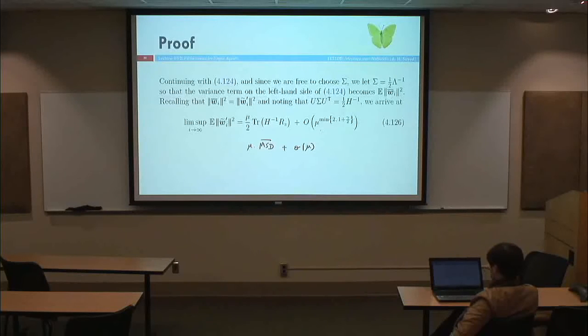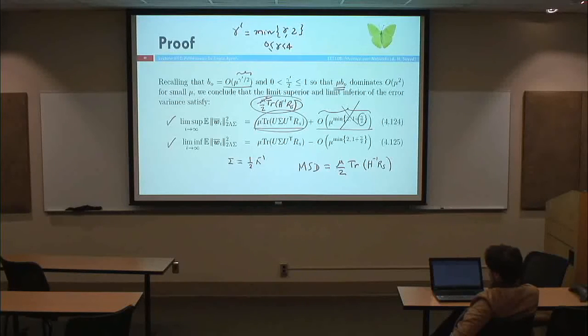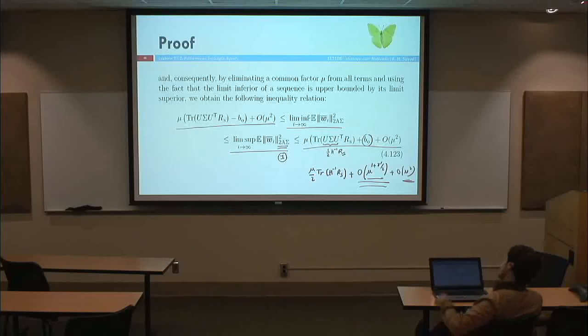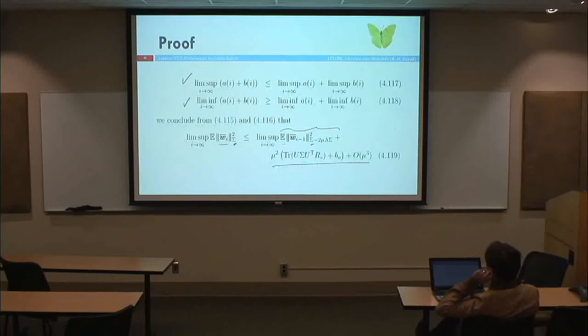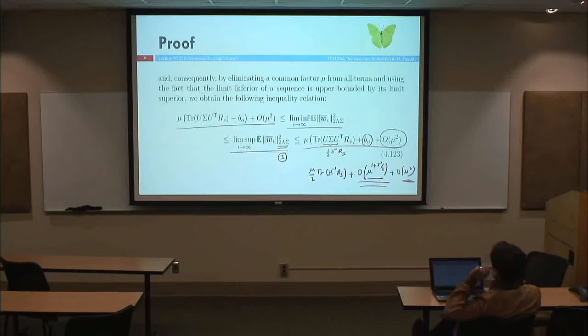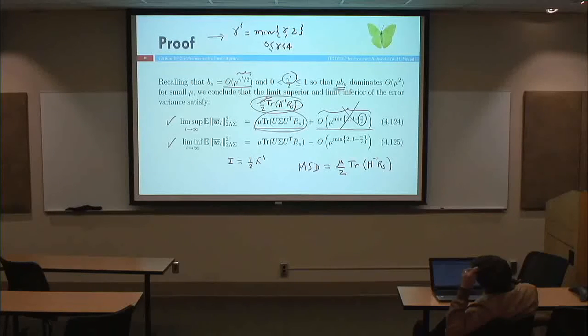And this gamma over 2 came from the gamma prime, because the gamma prime is defined in terms of gamma. So when you combine mu b0 with mu squared, you end up getting the minimum of 1 plus gamma over 2.